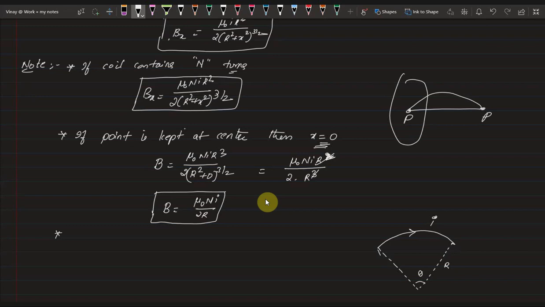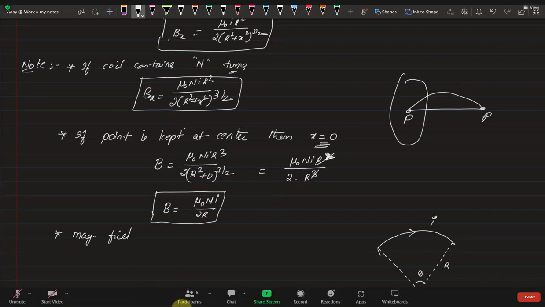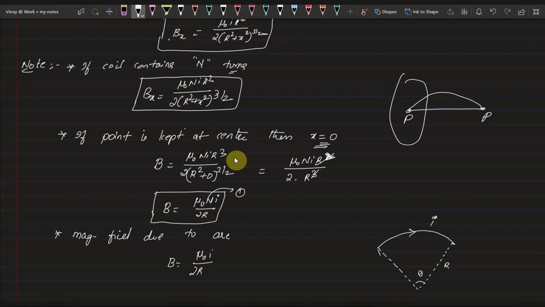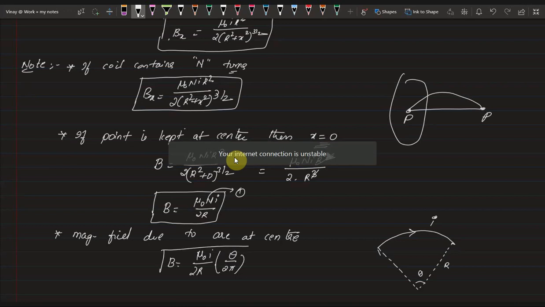Then the magnetic field due to the arc, where n value is equal to 1, is mu naught I by 2r into theta by 2 pi. Please remember this point. This is the formula for the magnetic field due to the arc at the center. Please note it down.